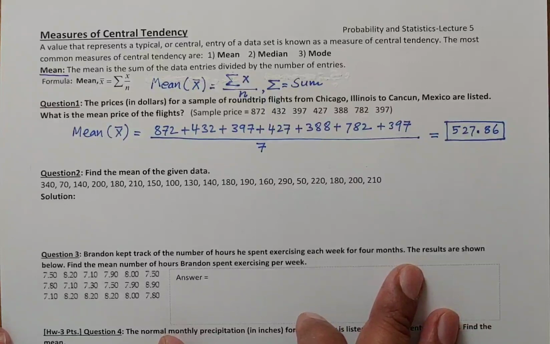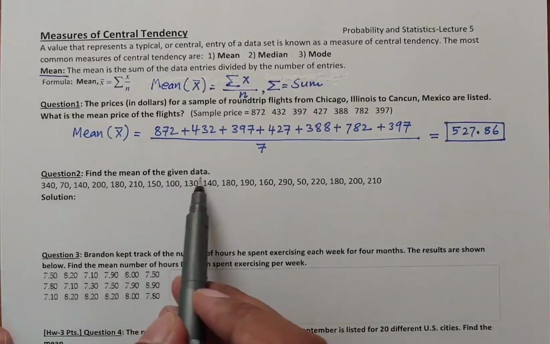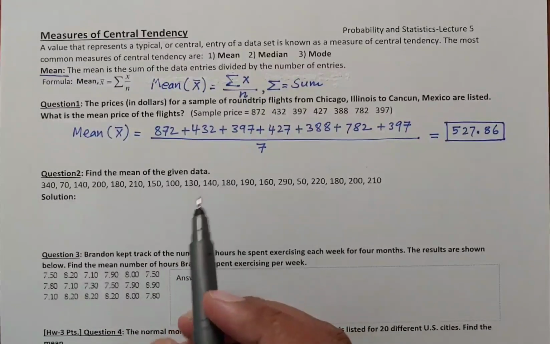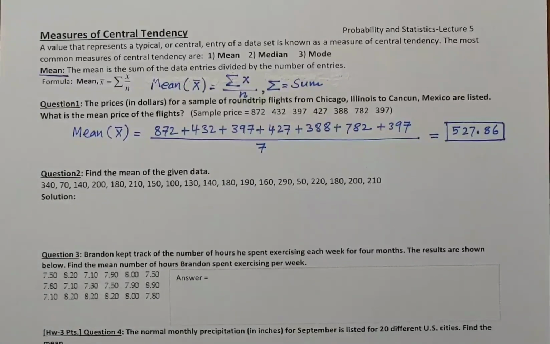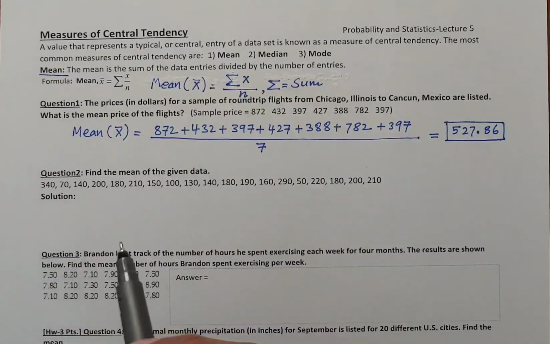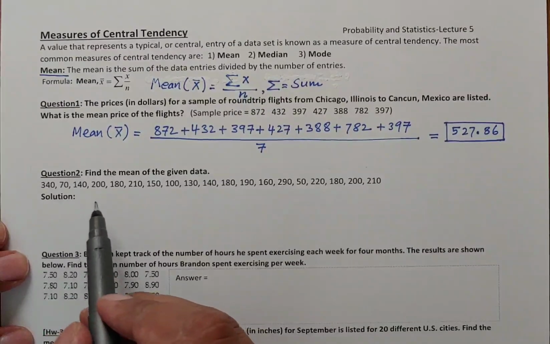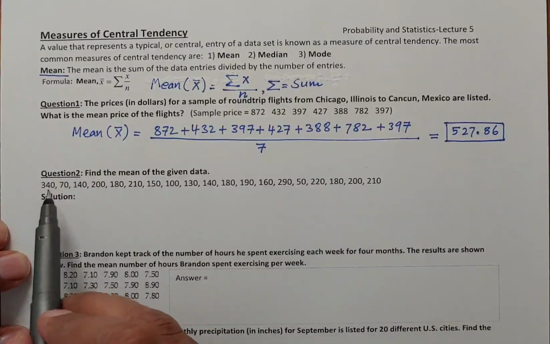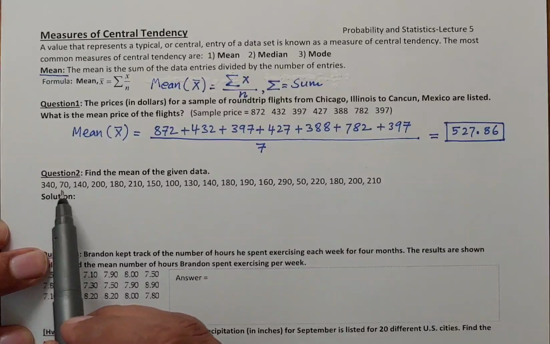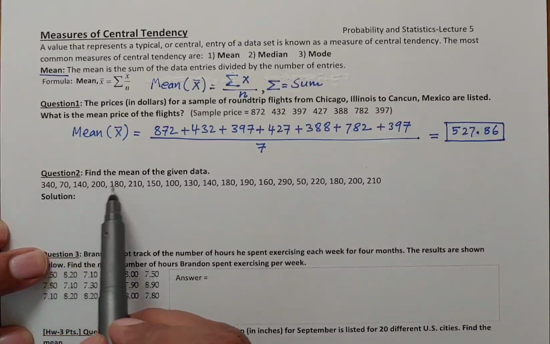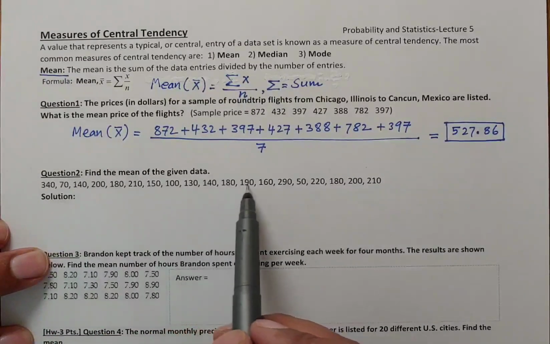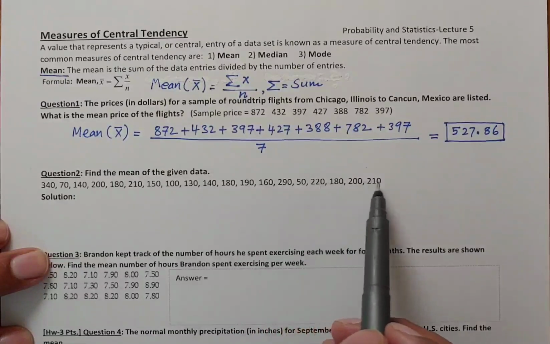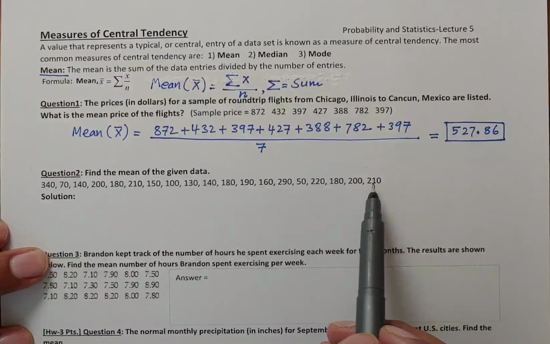Now we have another question. Find the mean of the given data set. We add these numbers and divide by the number of counts. 1 2 3 4 5 6 7 8 9 10 11 12 13 14 ... 19. So we divide by 19.